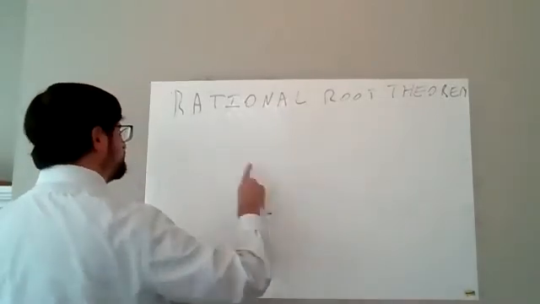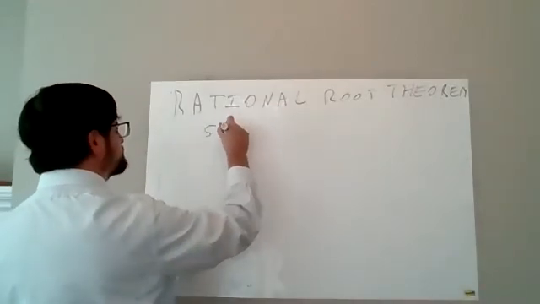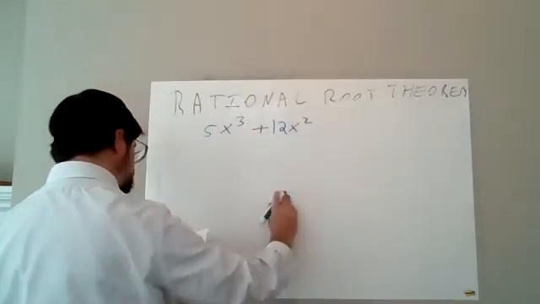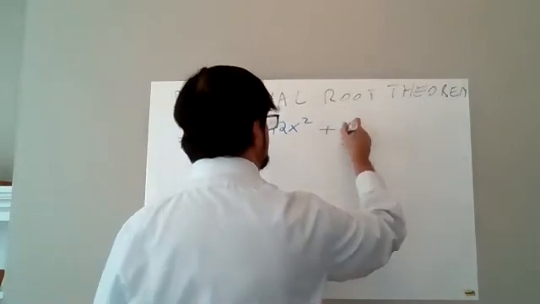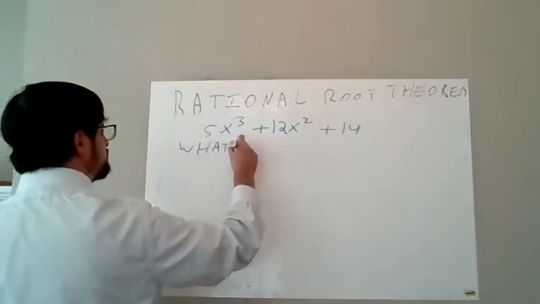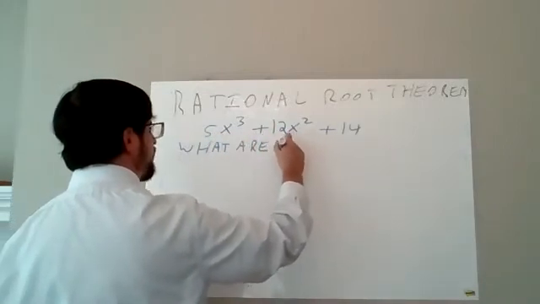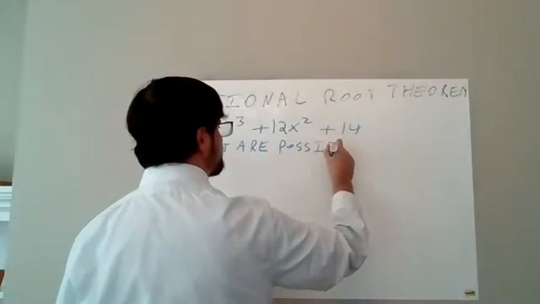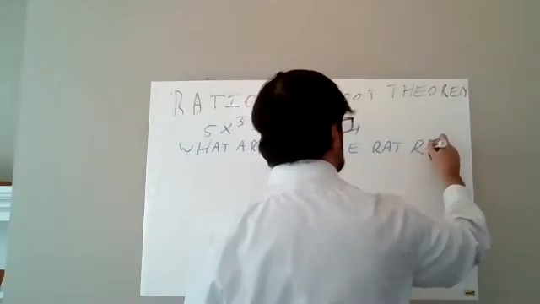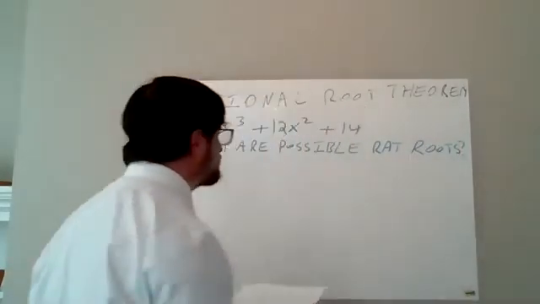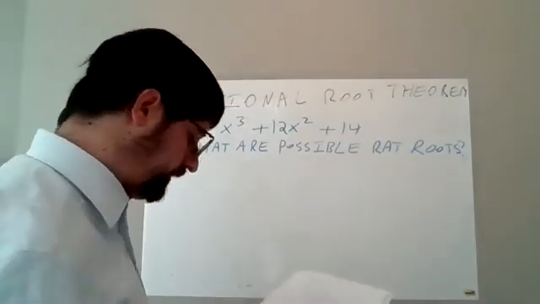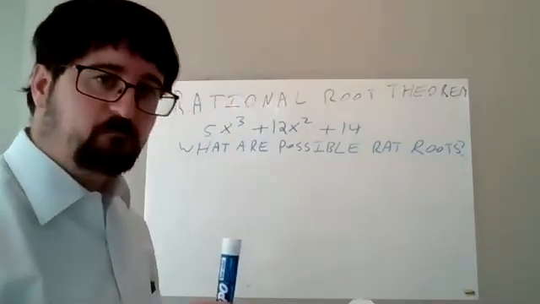Let's write given an example: 5x cubed plus 12x squared plus 14. And what are the possible rational roots by the rational root theorem? So again, pause, work out what you think they are, and then resume when you're done. All right, so pause now.